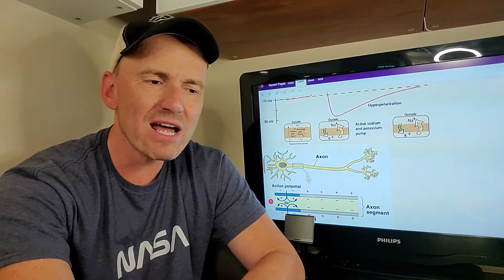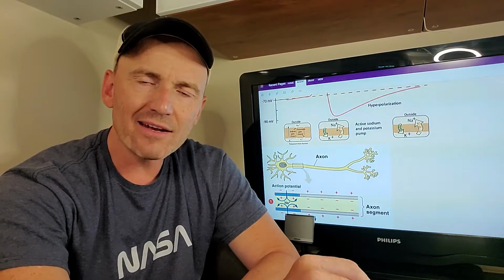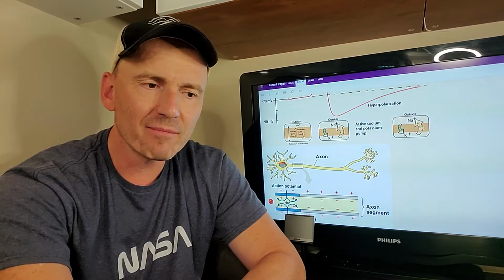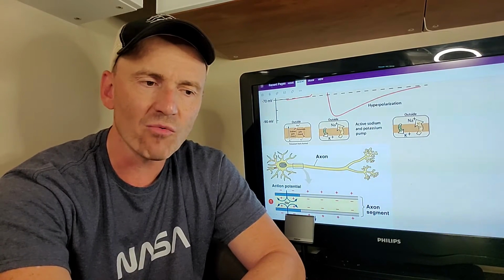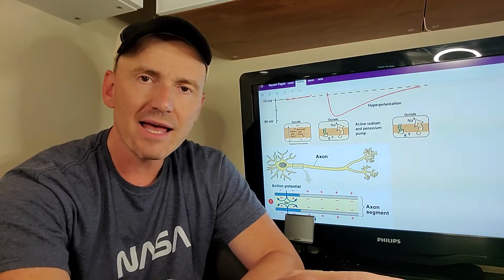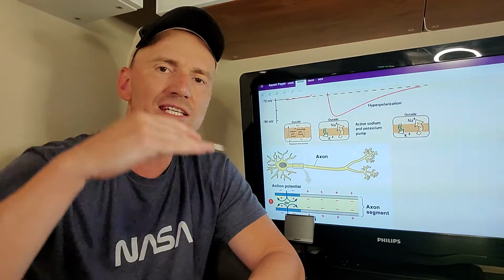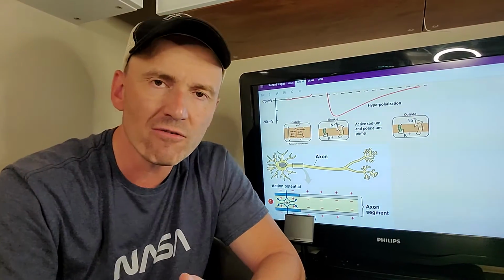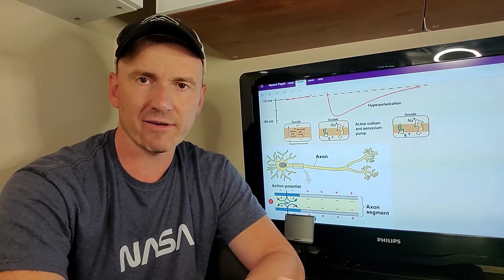So there's a threshold of stimulus that has to happen in order for the cascades to happen that will actually send a nerve impulse. And once the nerve impulse is sent down, it is exactly the same every time. There's no degree of nerve impulse. There's no stronger or weaker nerve impulse.